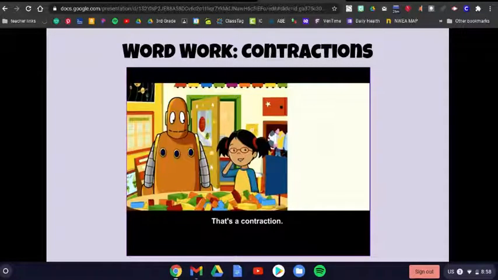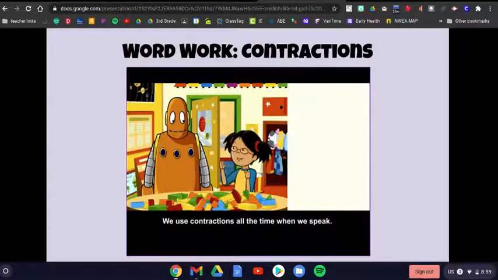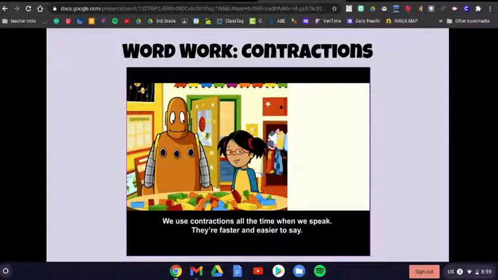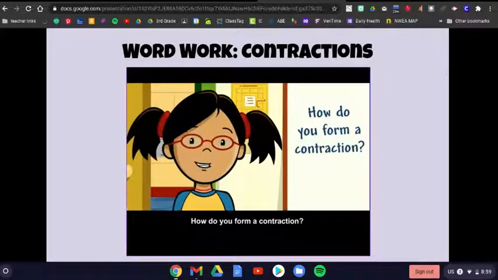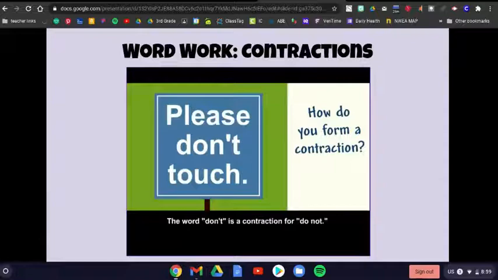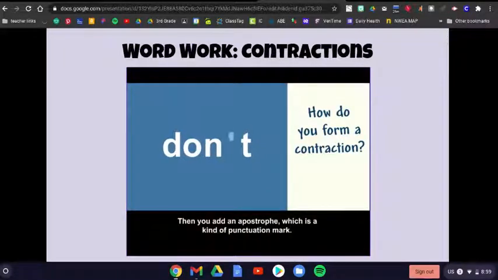That's a contraction. A contraction is a word formed by combining two or more words, leaving out sounds or letters. We use contractions all the time when we speak. They're faster and easier to say. How do you form a contraction? The word don't is a contraction for do not. First combine do not and take out the O. Then you add an apostrophe, which is a kind of punctuation mark.